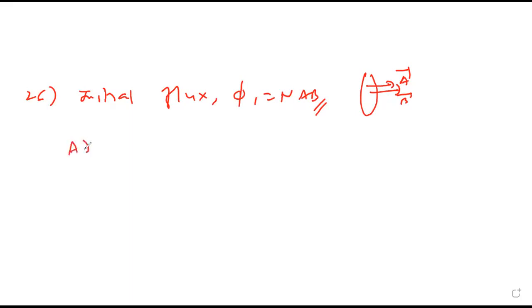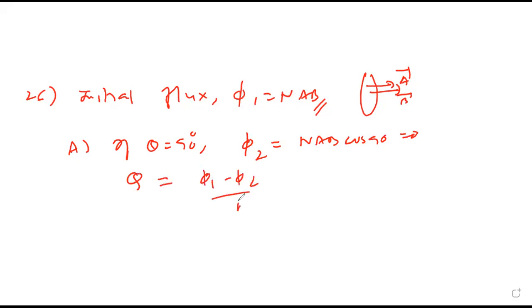First one. If theta is 90, then final flux will be NAB cos 90, that is 0. So charge q will be phi1 minus phi2 by R, NAB minus 0 by R equal to NAB upon R. So first is correct, we want which is incorrect.